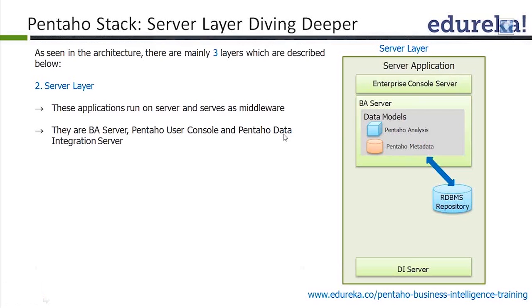Carte is their server utility, and Carte has configuration files using which you can configure server and cluster mode. So this is about the server layer. Data integration, PRD, a lot of terms you might find new, but as we dwell deeper into those respective modules, you will understand the significance of those terms.